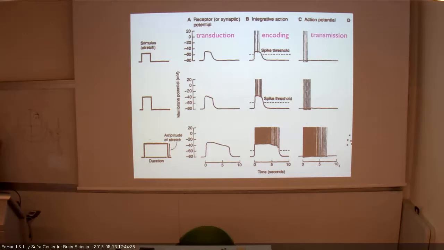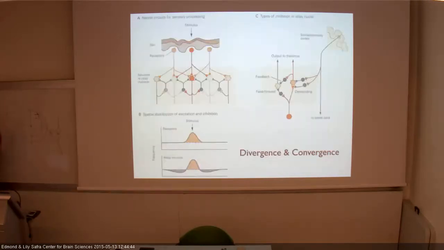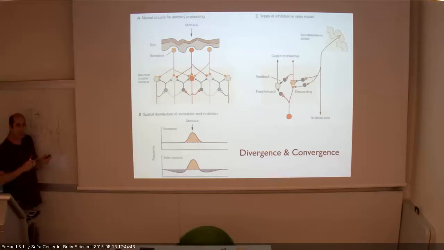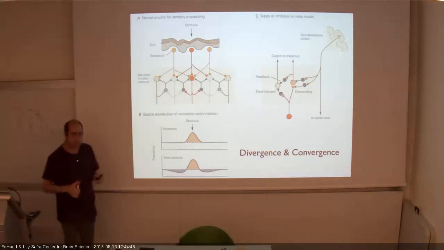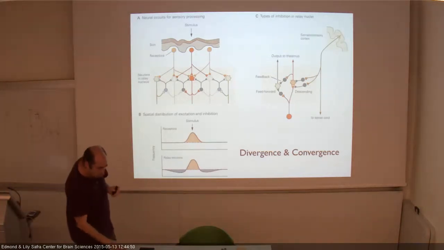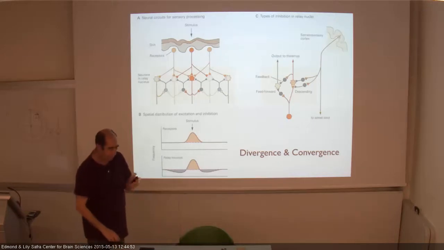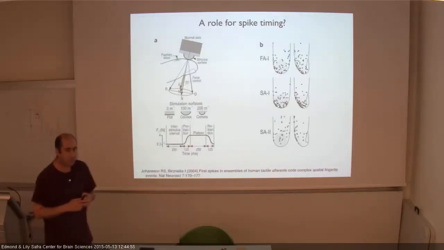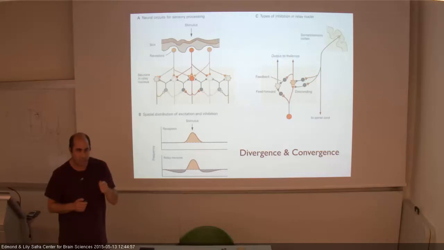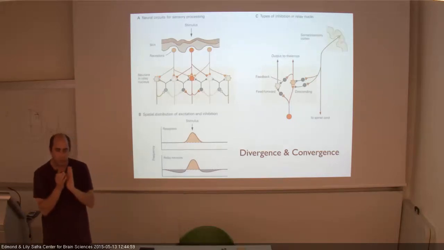If the threshold is somewhere here, and you need to summate several synapses in order to get to threshold, you have a narrow time window in which to summate them, and you can be more precise in terms of time. Everybody follow? So this is another case where you have feed-forward inhibition in order to make a narrow time window.